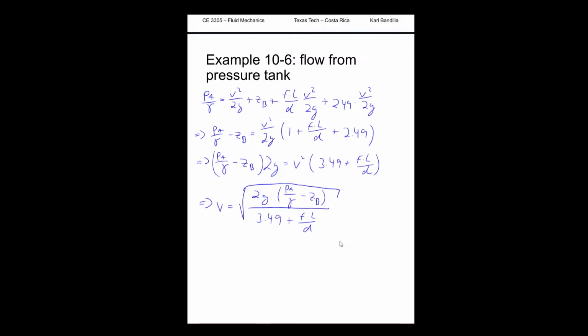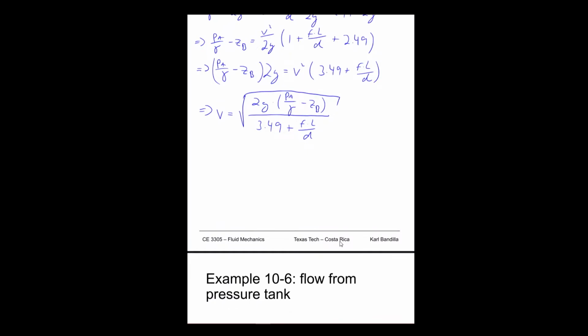Which means we can now go ahead and assume an f and then calculate what our V is.